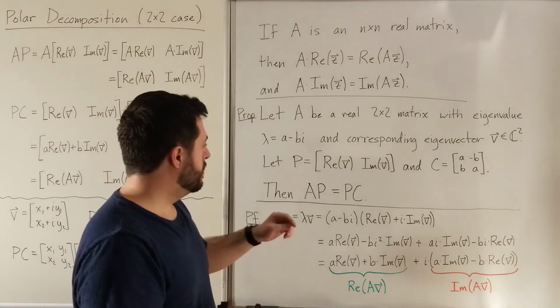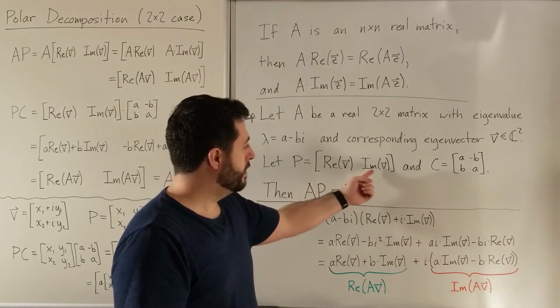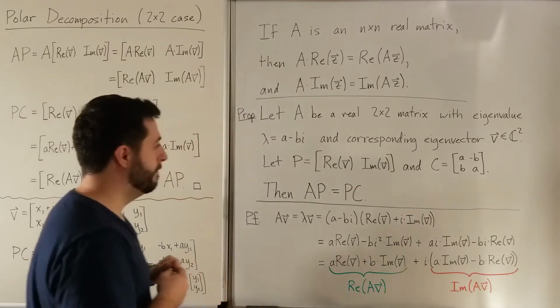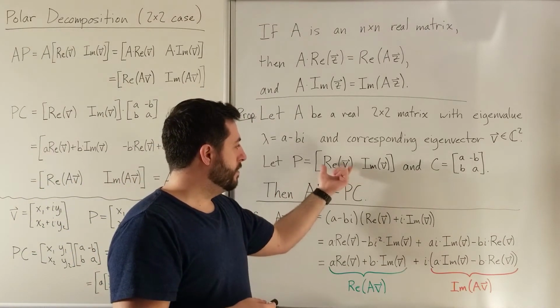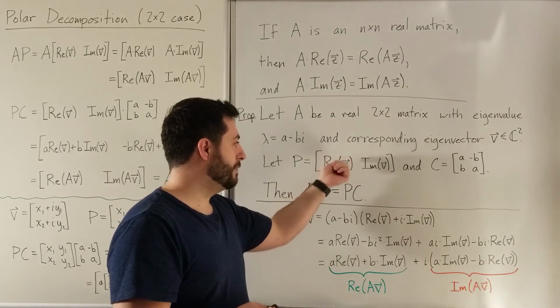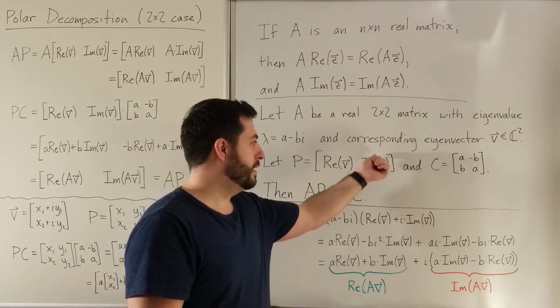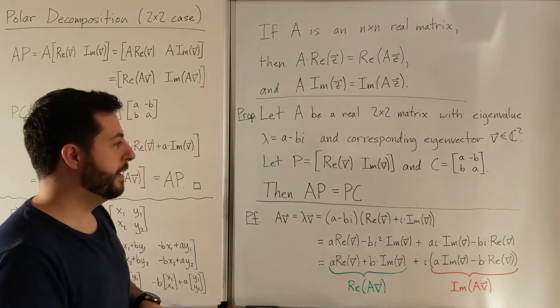Okay, so we take the real part of v and the imaginary part of v as columns of P. And so this is a 2 by 2 matrix. So the real part of v is the real part of the top coordinate, the real part of the bottom coordinate. Imaginary part is the imaginary part of the top coordinate, imaginary part of the bottom coordinate.